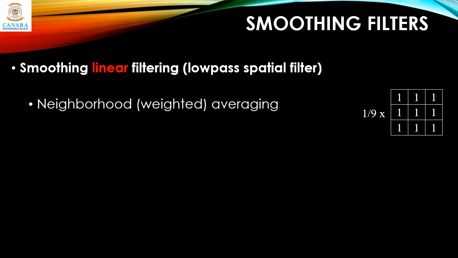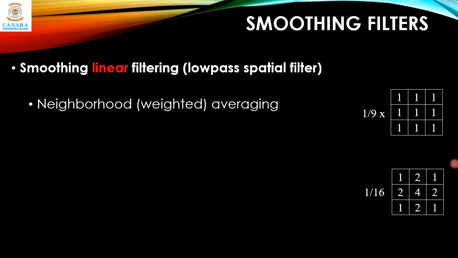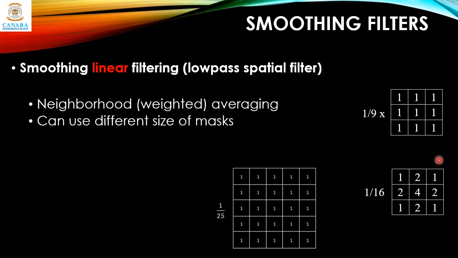You can also have neighborhood weighted averaging like this, where we have emphasis on some pixels; the center pixel has more emphasis than the surrounding pixels. So this is another type of averaging filter. And you can also use different sizes of masks like this one. This is a 5 cross 5 filter.